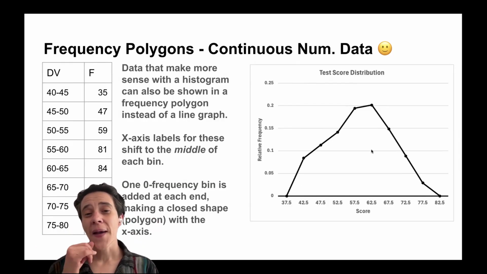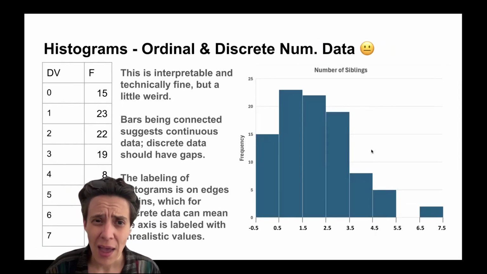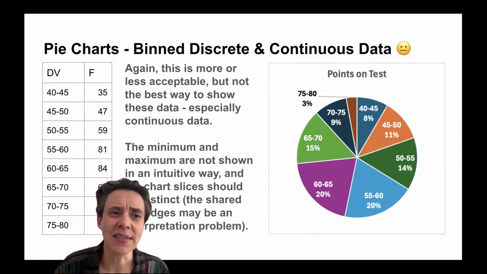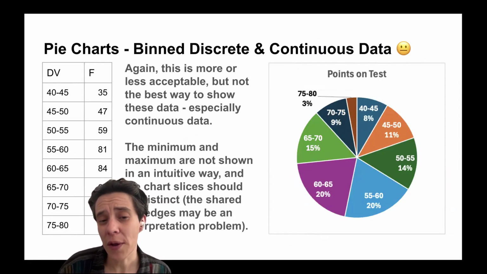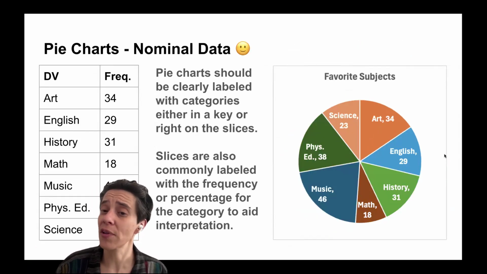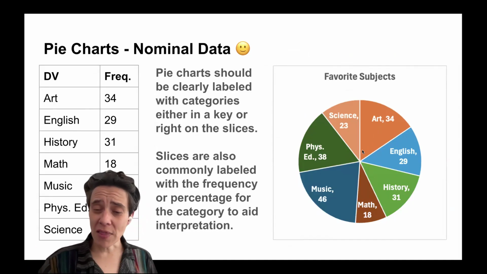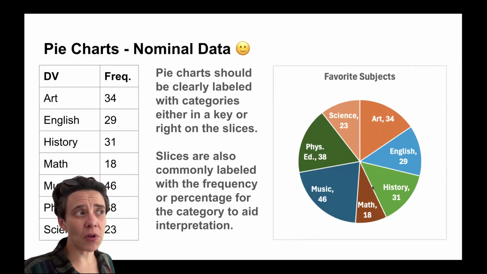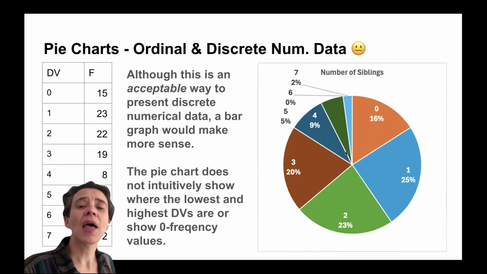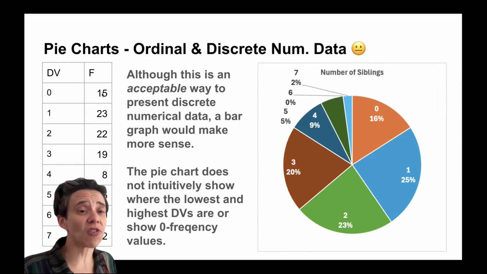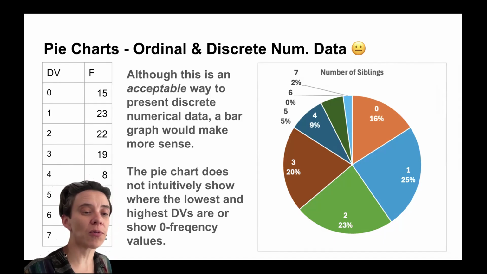So going back to these pie charts, what you can find out from them depends on how they're labeled. If your pie chart is labeled like this with raw numbers, then you can do some basic calculations off it. Say you had, for example, the number of siblings and then it was labeled with the frequencies instead of the percentages. You could actually do calculations directly off that pie chart if it was clearly labeled.